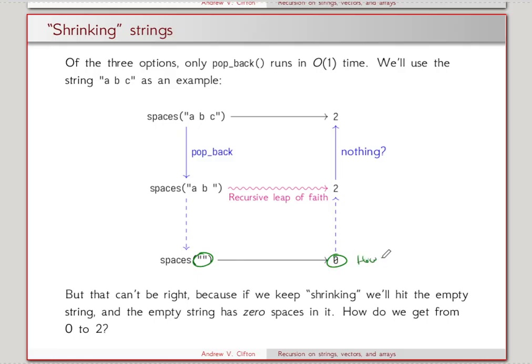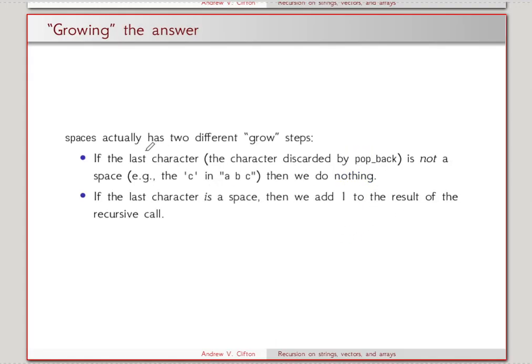So something has to happen to turn that 0 into a 2. I can't just do nothing all the way up, or otherwise I would get not a 2 here, but a 0. So in reality, spaces has two different grow steps, two different things that we do on the way up.